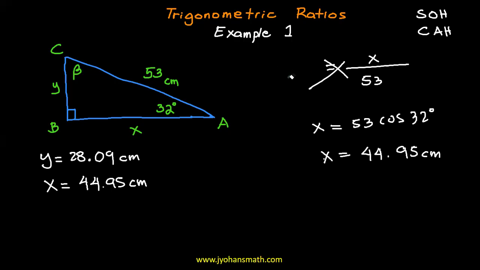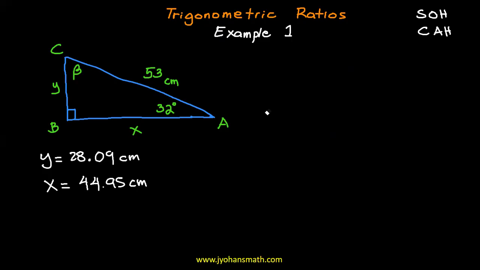Next, we're going to solve for the value of angle beta. And there are many ways to solve for the angle beta. So we're going to use one method, and that is using the function tangent. Now, tangent beta is equal to the opposite side, x, all over the adjacent side, y.